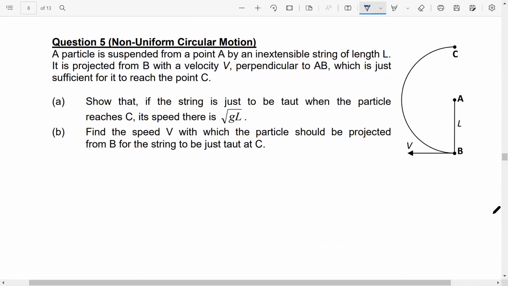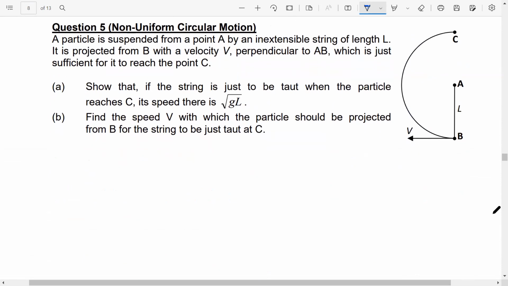Okay, next question. Question 5. So this is where the string question comes in. Just taut.